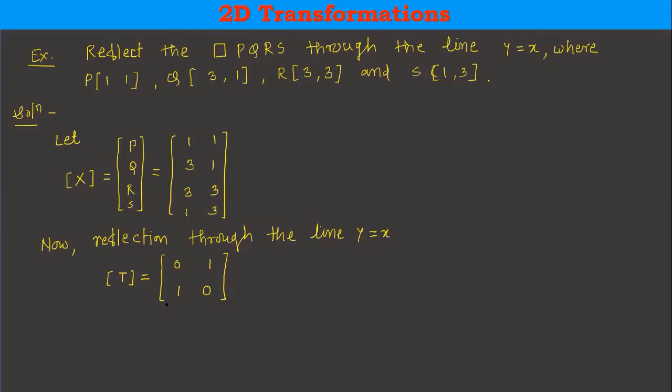Now once you have T and X, we apply T on the given matrix X and we get the position matrix of the transformed object, which will be denoted by X star.